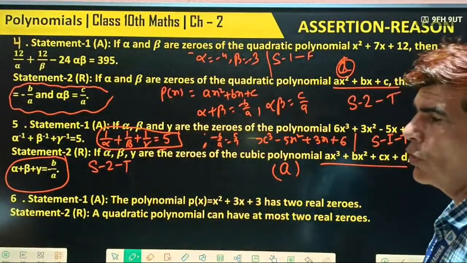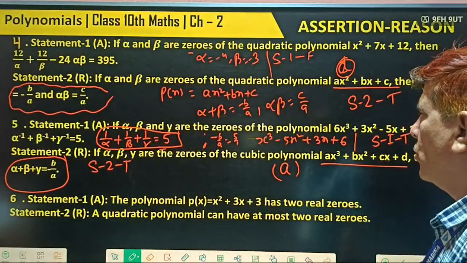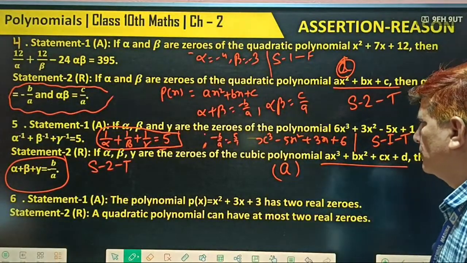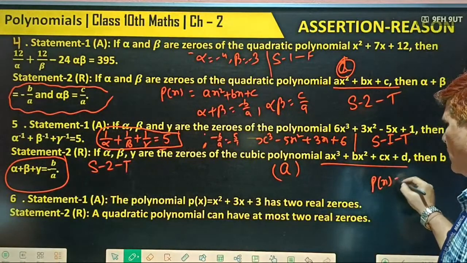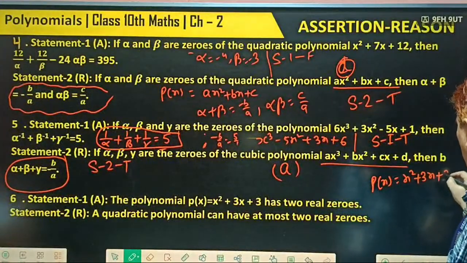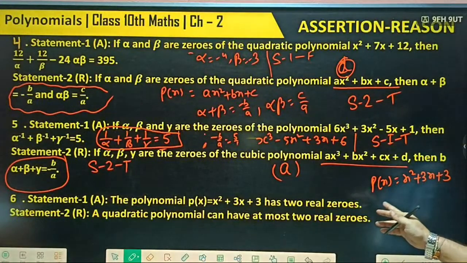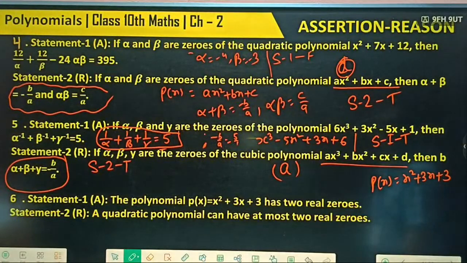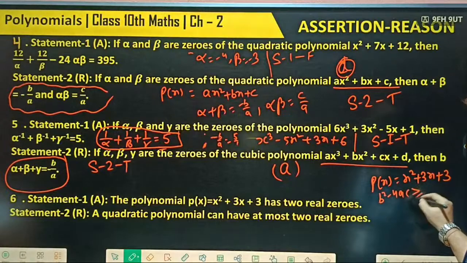Then one more. What's given? The polynomial Px, x square plus 3x plus 3, is the given polynomial. So its degree is 2. We don't know whether its roots are real or not. If b square minus 4ac is greater than or equal to 0, then real roots, otherwise not.